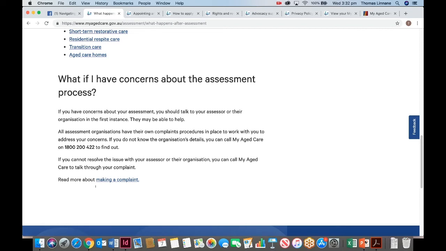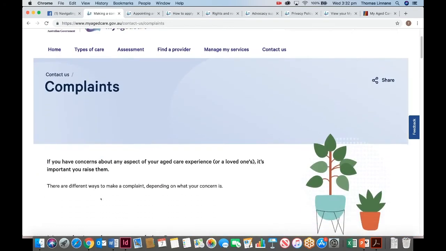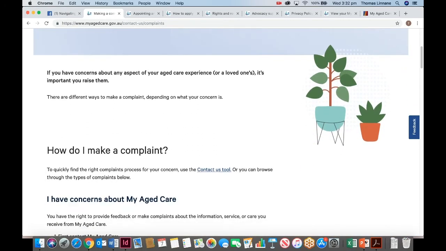And on the website, I think we've got that link up there to what the complaints process is if you've had a home support assessment, or if you've had an ACAT assessment. So I think it's important for people to know. Complaint sounds a bit negative, but it's feedback as well. Yeah. And it might be just something slight that you can fix.